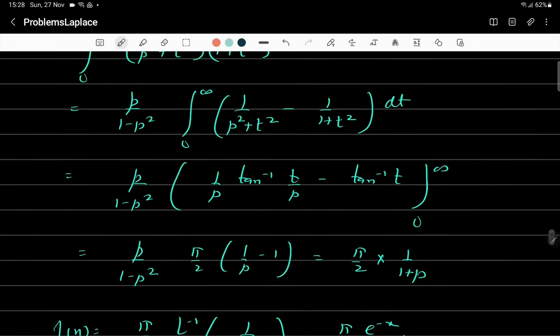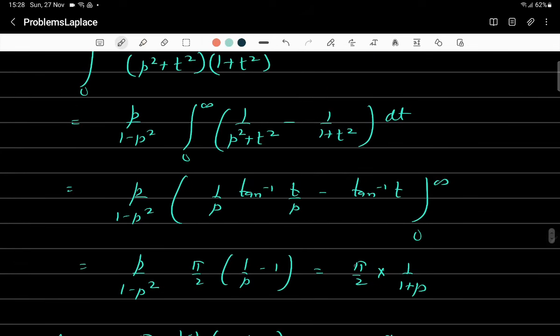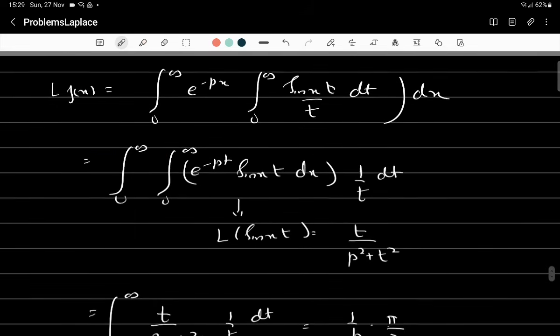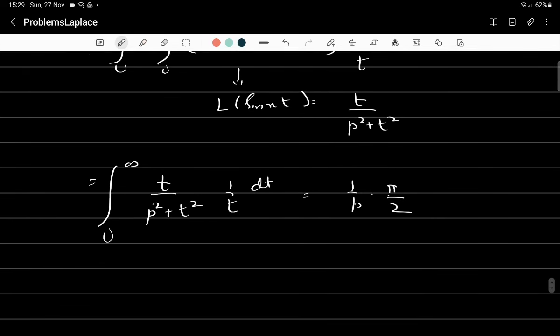When you solve Laplace of f of x, it turns out to be pi by 2 multiplied by 1 by 1 plus p. Now I need f of x, so I take Laplace inverse on both the sides, and I know that Laplace inverse of 1 by 1 plus p is e raised to the power minus x. And here I have Laplace inverse, so f of x is pi by 2 and Laplace inverse of 1 by p, which is 1, so the answer is pi by 2.